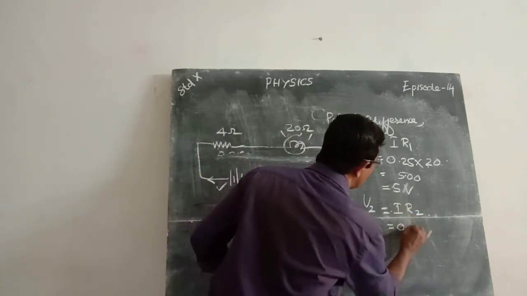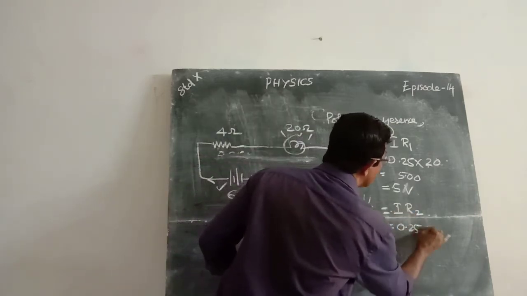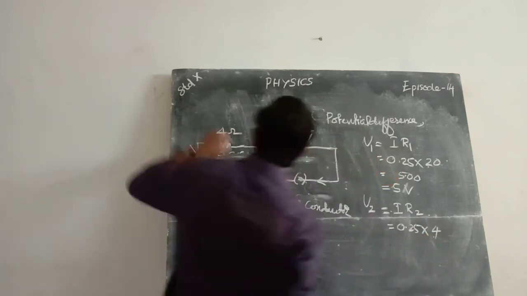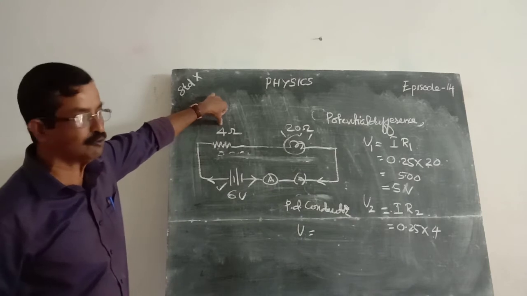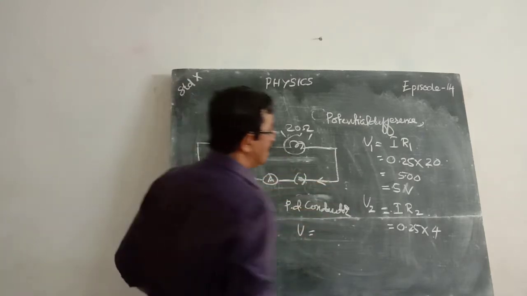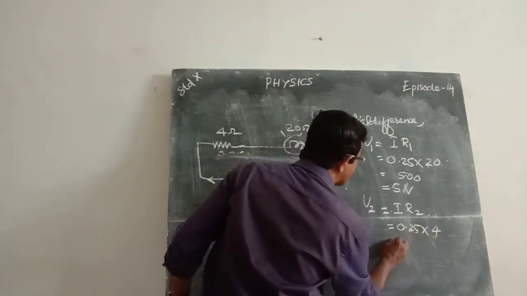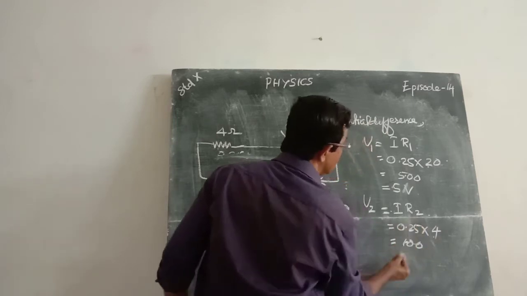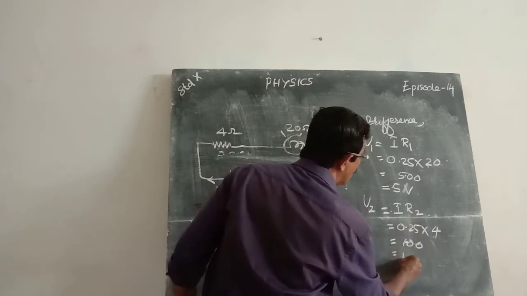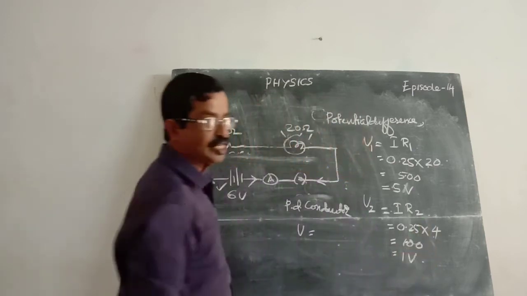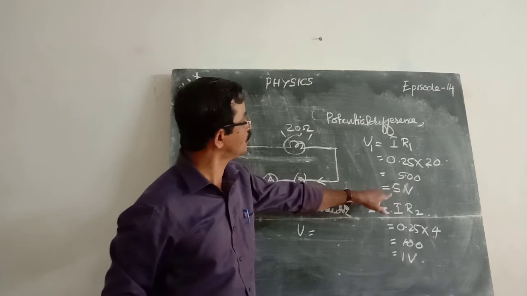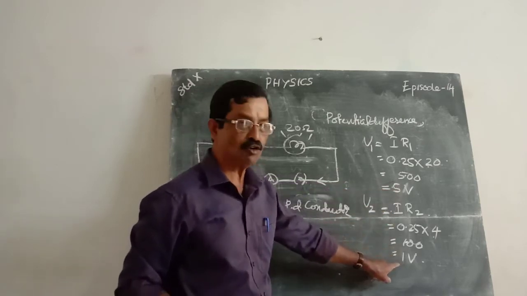That is 0.25 into the resistance here, which is given as 4. So 0.25 into 4 we get 1. So the total potential is 5 plus 1, 6 volt.